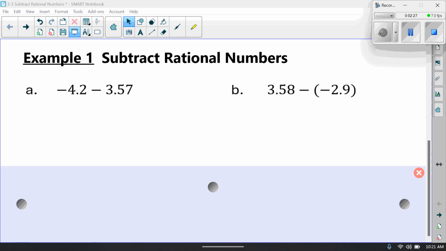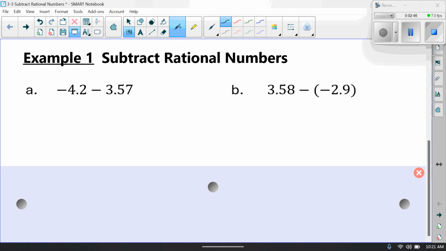So for example 1a, we have negative 4.2 minus 3.57. Now, are they in the same form? They're both decimals. So all we have to do is keep, change. You with me? So we're going to keep the first number.